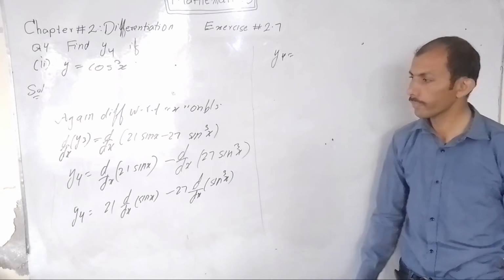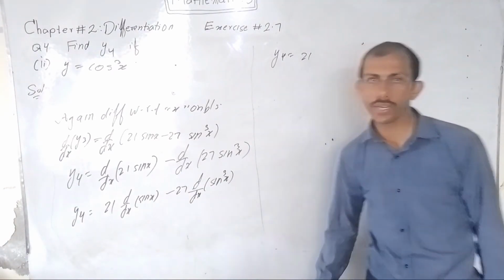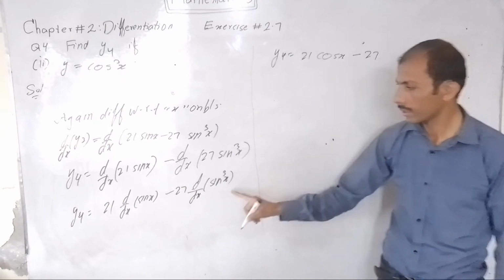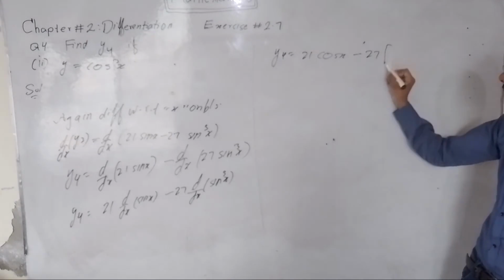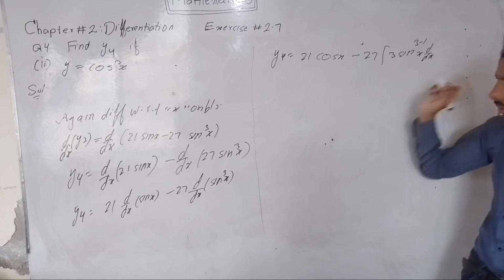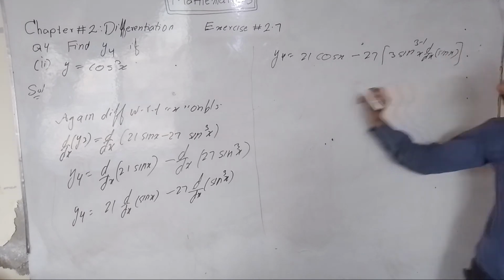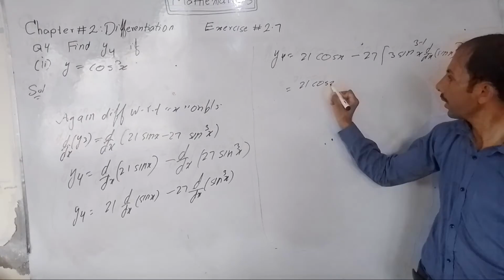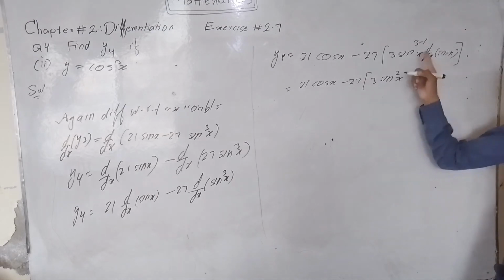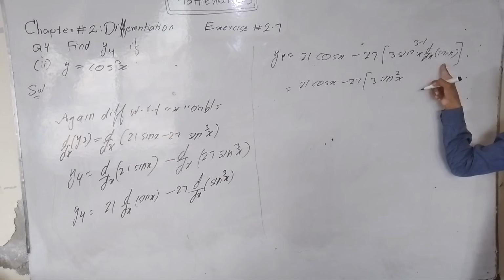The derivative of sin x with respect to x is equal to cos x. The derivative of sin cube x is 3 sin 3 minus 1 x, again times the derivative of the function sin x. So y4 is equal to 21 cos x minus 27 into 3 sin square x, where 3 minus 1 is equal to 2. The derivative of sin x with respect to x is equal to cos x.